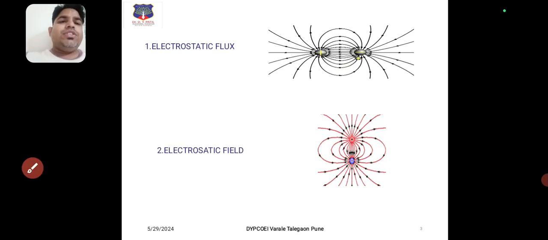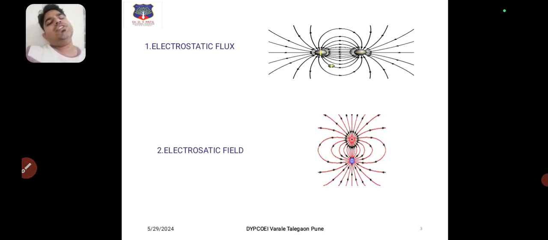Second is the electrostatic field: the region in which these imaginary lines of force are present and experienced is called the electrostatic field. The electric flux density is the flux per unit area.